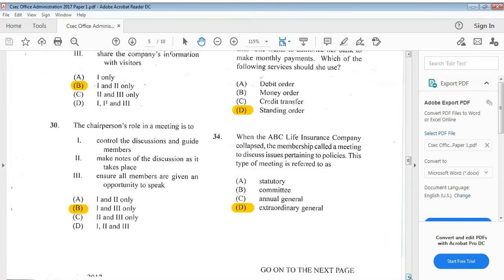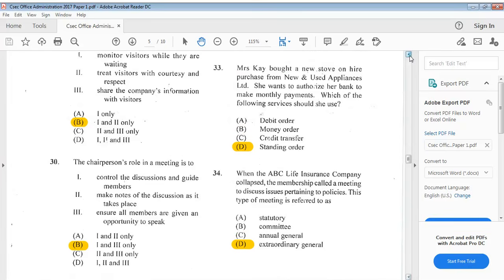Is it C, 2 and 3 only? Or is it D, all of the above, 1, 2, and 3? So our answer would be 1 and 3 only. Control the discussions and guide members and ensure all members are given an opportunity to speak. Let's move on to number 31.